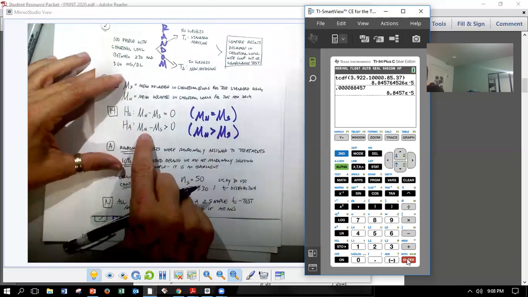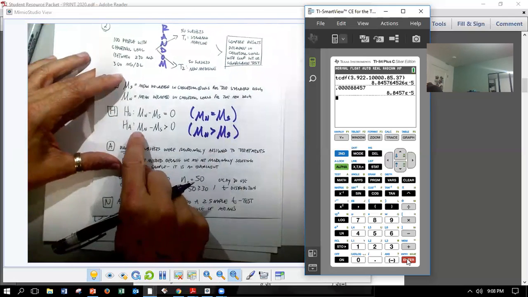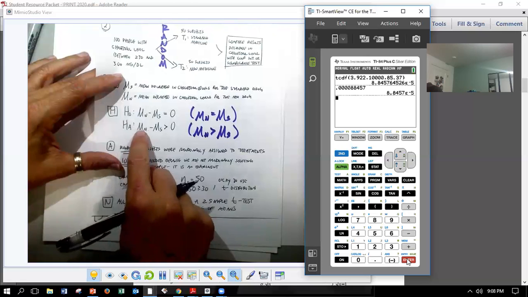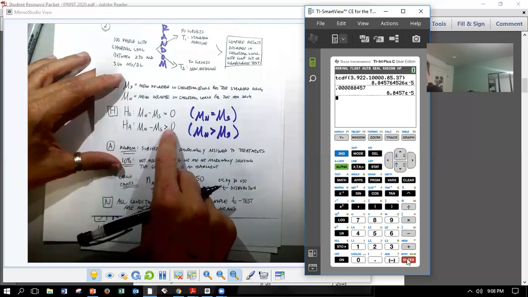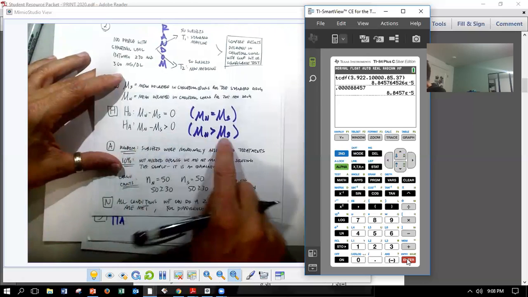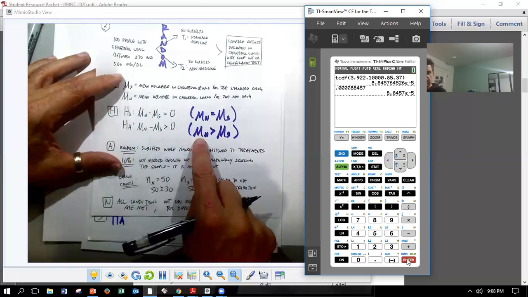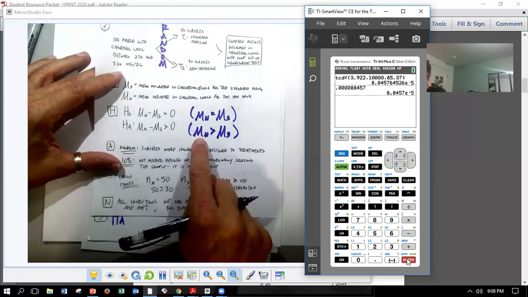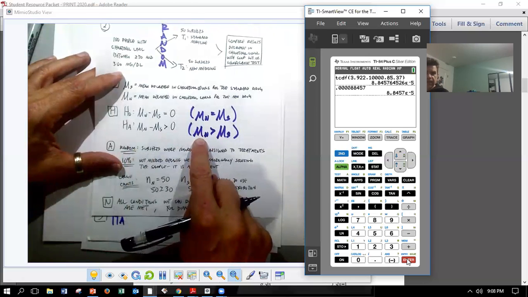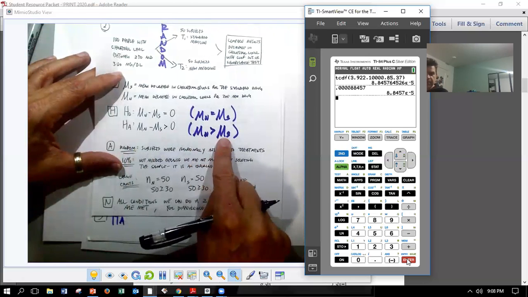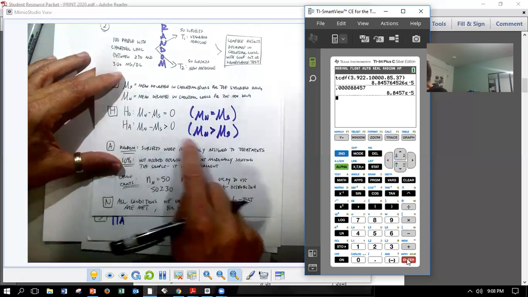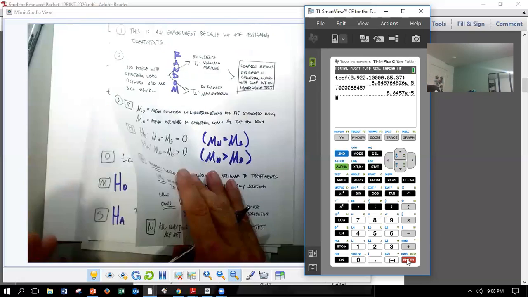So for Ha, we said that the difference between the mean of N and the mean of S is going to be greater than 0, or we basically said that the new treatment, the mean decrease in the new drug, is going to be greater than the mean decrease in the old drug. So we can write it in either one of these contexts if we want.